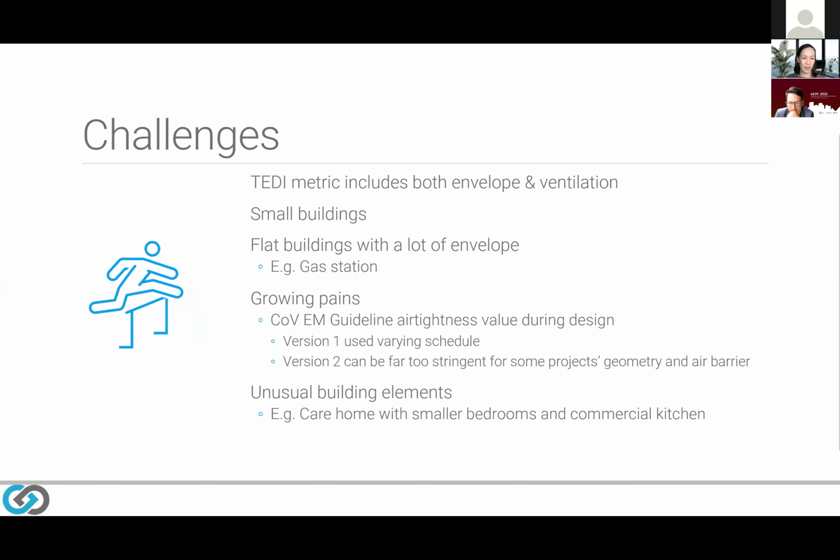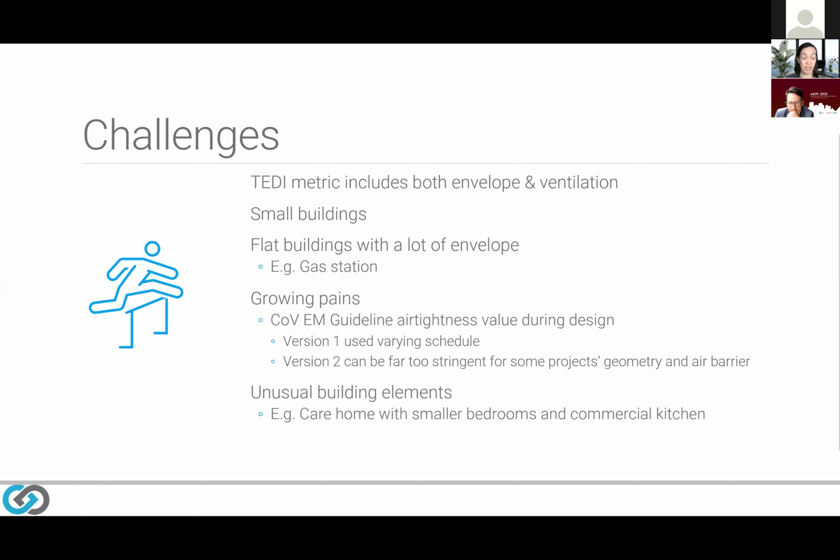Not surprisingly, of course, all new things come with challenges as well. And so I'm going to dive into a few of those. I've talked a lot about the TEDI metric and it being intended to be an envelope metric, but it does include that ventilation and heat recovery component.